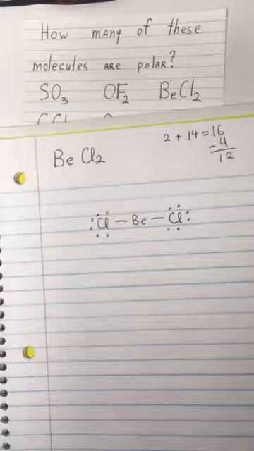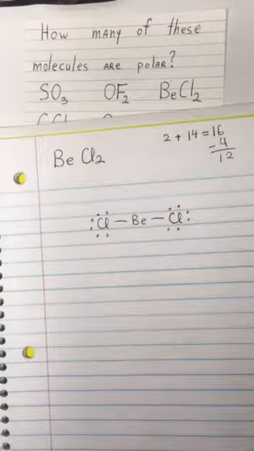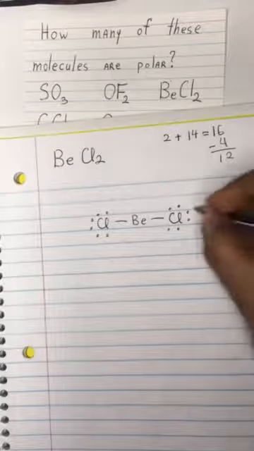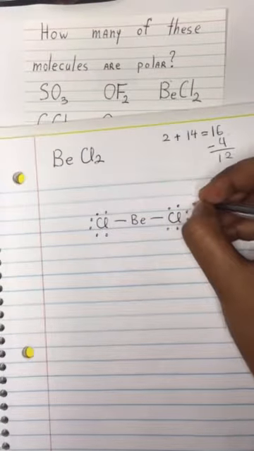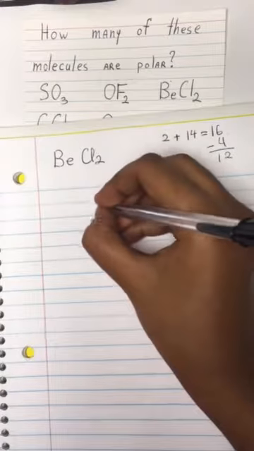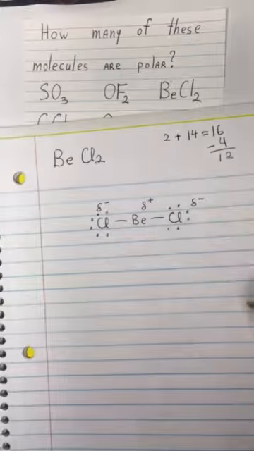Now we must determine the partial charges. Since chlorine has a higher electronegativity than beryllium, the chlorine atoms in this Lewis structure will have a partial negative charge, while the beryllium will have a partial positive charge.